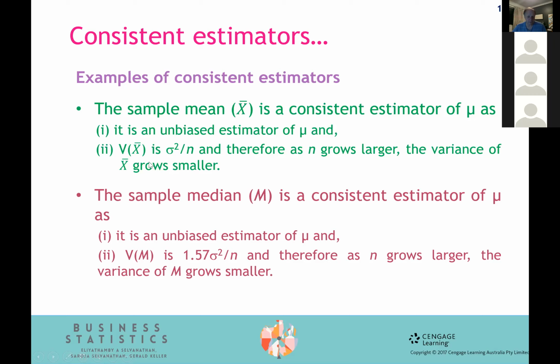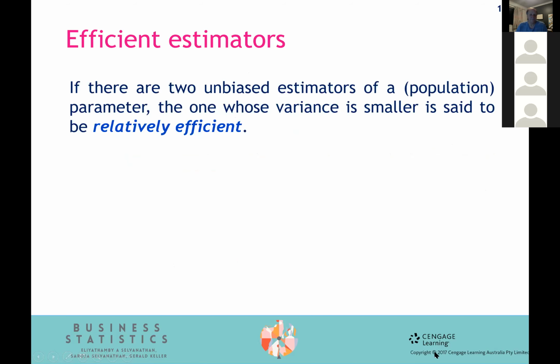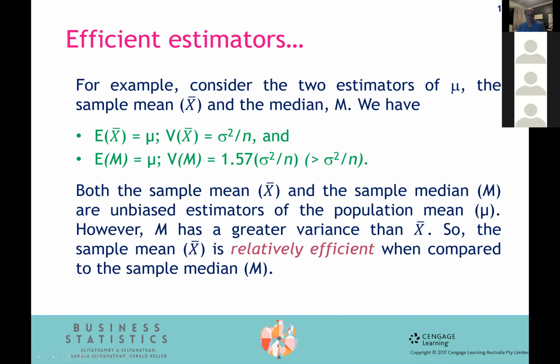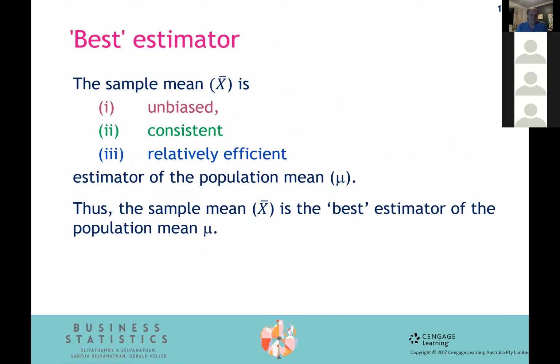But look here, the median has a factor of 1.57, which makes it less efficient than the mean. So we won't consider this further in this course. We only focus on the mean. That makes the point that the mean is more efficient than the median, although the median is an unbiased estimator.